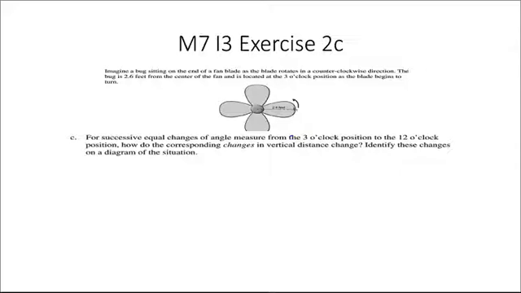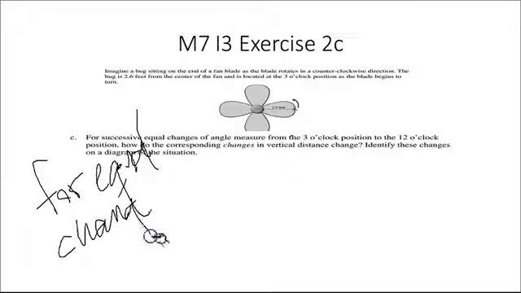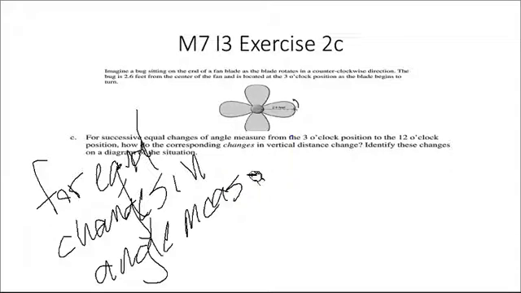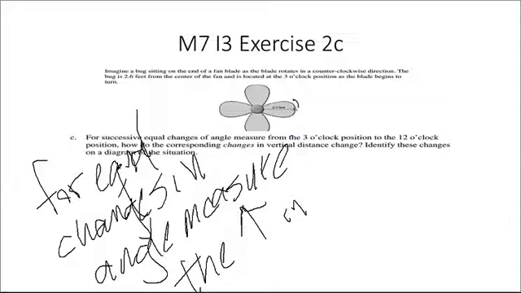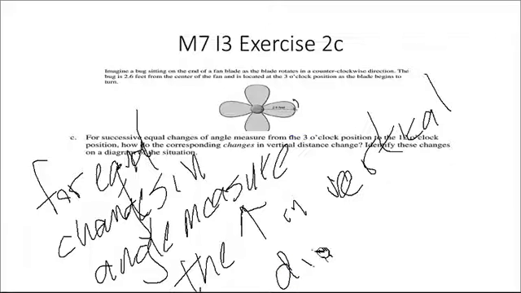So true to my habits, I've already sort of answered part C for you, but it's worth emphasizing that for equal changes in angle measure, the increase in vertical distance, its change, decreases.